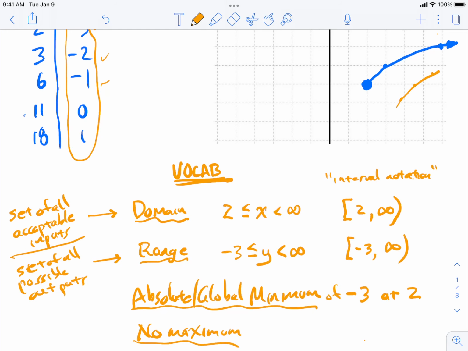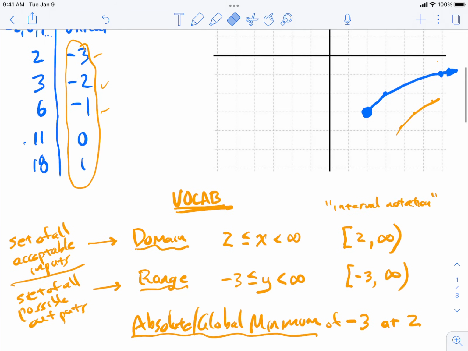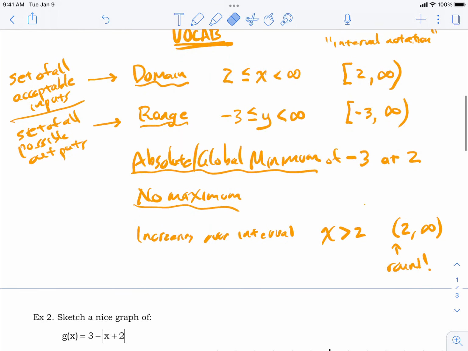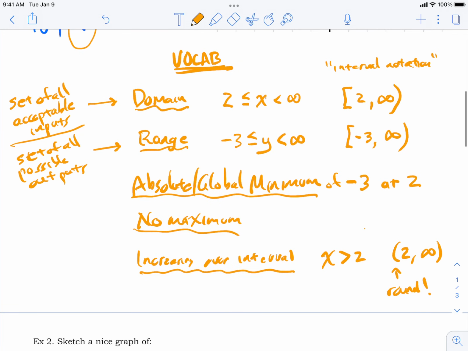Get it? You have to look both ways to decide whether you're increasing or decreasing. So please keep this in mind. You use round brackets when you're talking about whether you're increasing over an interval, or decreasing is the other possibility, right? So there, we get some good words there, don't we?